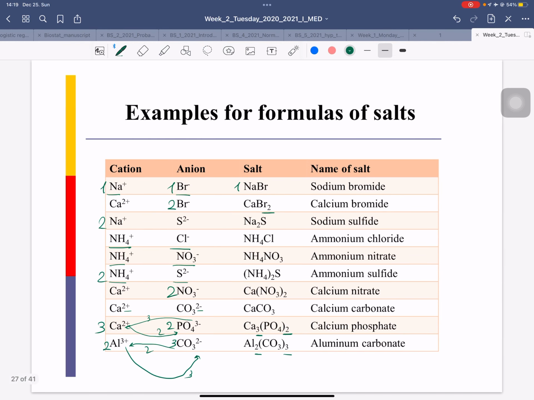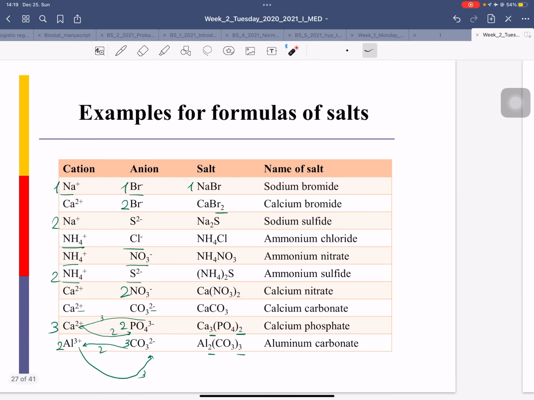It is a rule again. I can say the names: sodium bromide, calcium bromide, sodium sulfide, ammonium chloride, ammonium nitrite, ammonium sulfide, calcium nitrate, calcium carbonate, calcium phosphate, and aluminum carbonate.